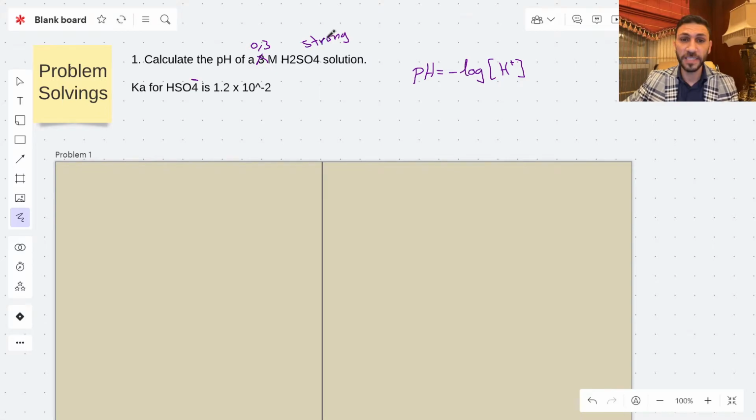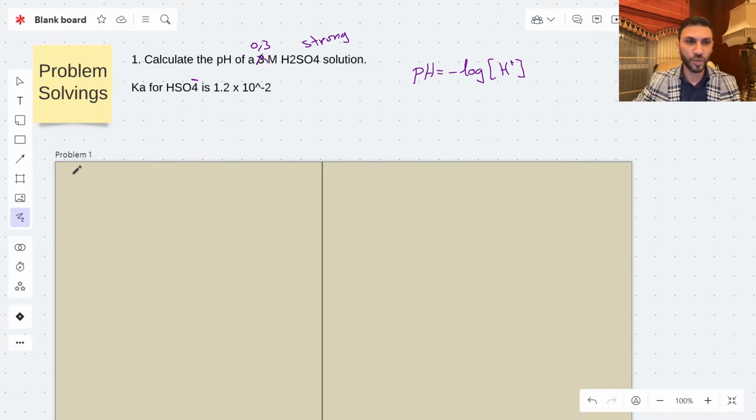The mistake is that they put the 0.3, the concentration of the acid, as equal to the concentration of H+ right away, and they find the pH, which is incorrect. This is a diprotic acid, not a monoprotic acid like HCl or HNO3. So in this case, we have two steps.